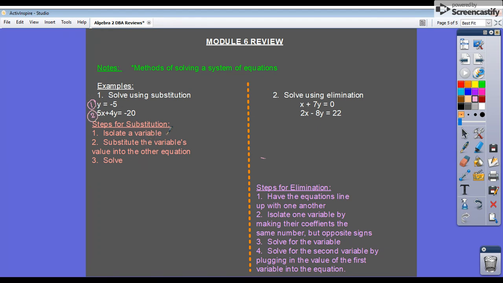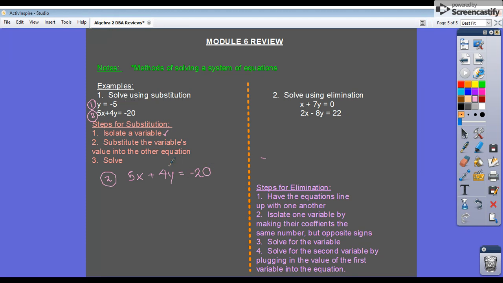So after we have step 1, which we've already gotten, substitute the variable's value into the other equation. So since I know that y equals -5 in the first equation, I'm going to take this second equation, which is 5x plus 4y equals -20, and substitute that value in.